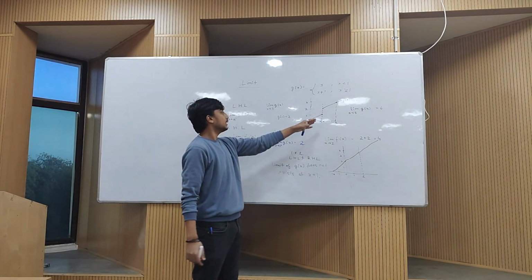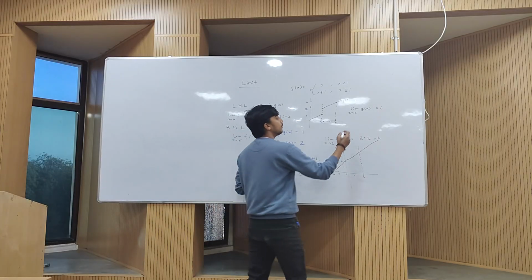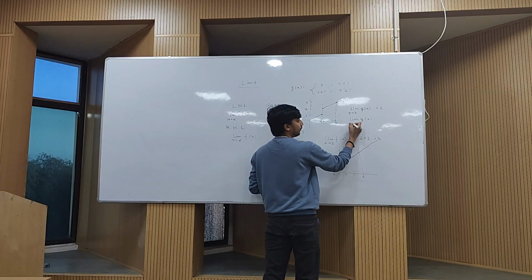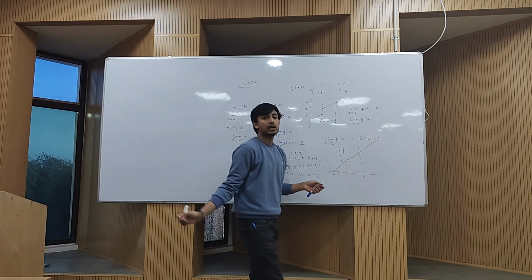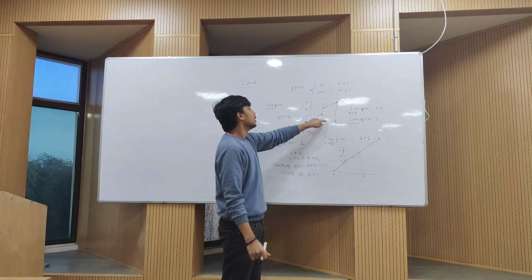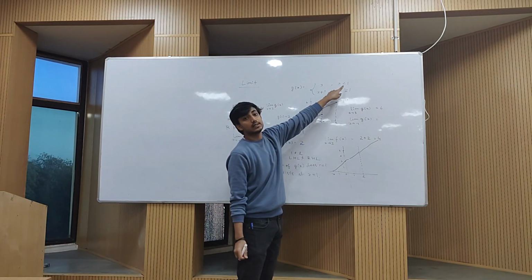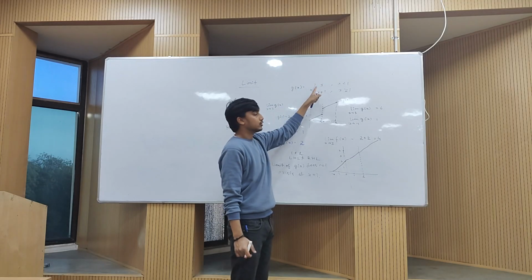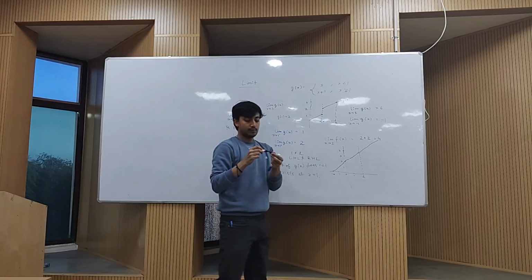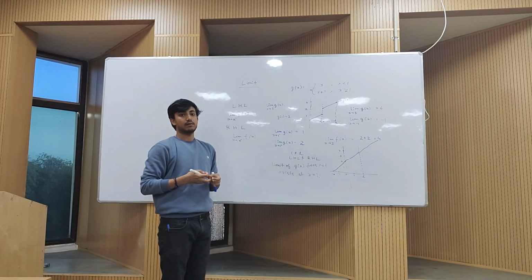Or we can take any point to the left side of 1, maybe minus 1. To calculate the limit of g(x) as x approaches minus 1, since it is less than 1, the function behaves like x, so it would be minus 1.